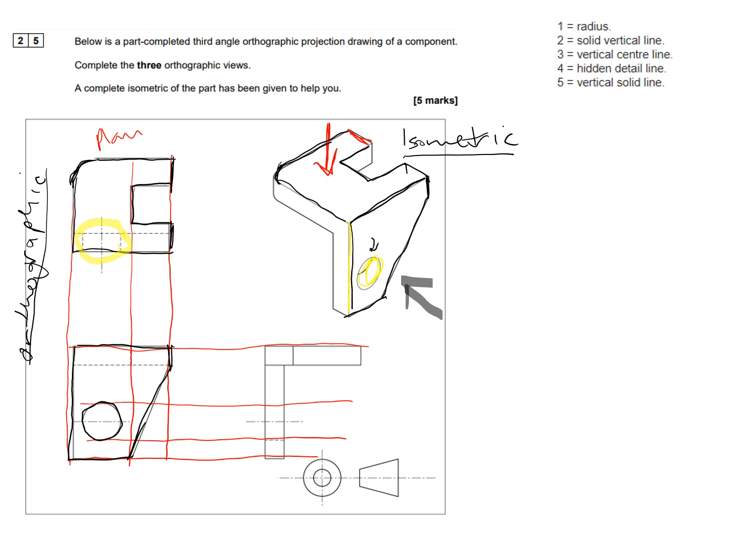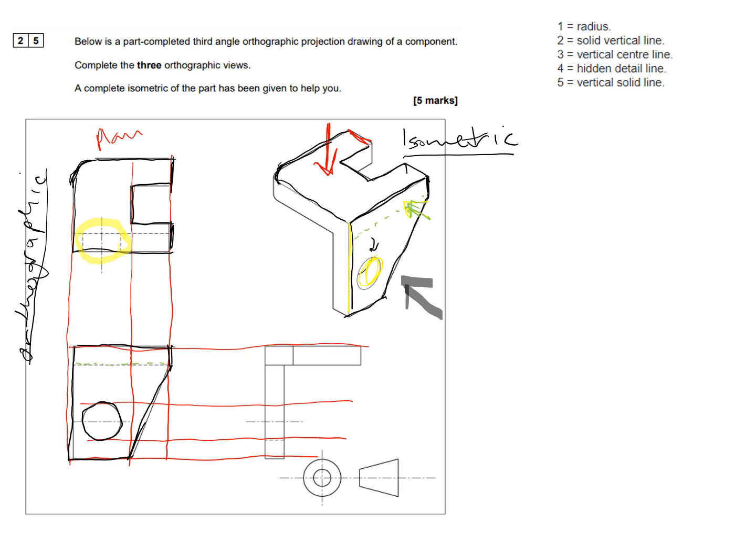I know when I'm looking at this piece from this side, there is another line going at the back that I can't see. Yeah, there's an edge on the other side that I can't see, hence why it's been shown here with hidden detail lines.